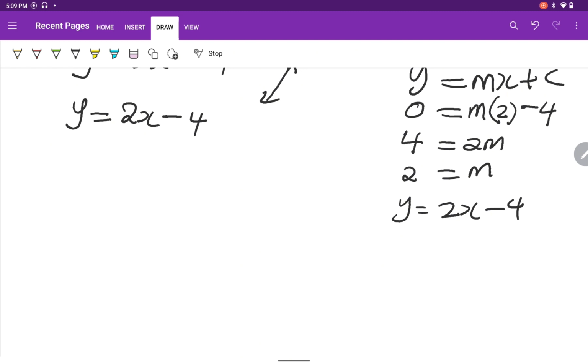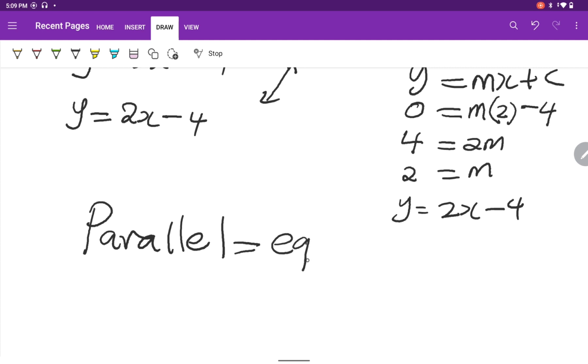For example, they give you 2 straight lines which are parallel. You have the point of your line, and the gradient you don't have, but you have the gradient of the other one. In this case, we need to understand that if the lines are parallel, then they have equal gradients.